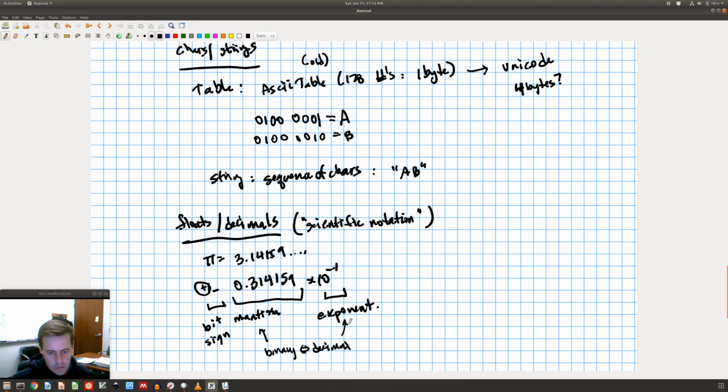Binary decimal on both of those guys. All right. And so a typical float is 4 bytes. Okay. And they divide some of the bits, 1 bit here, some of the bits here. Okay. And it can typically store 8 decimals of precision.